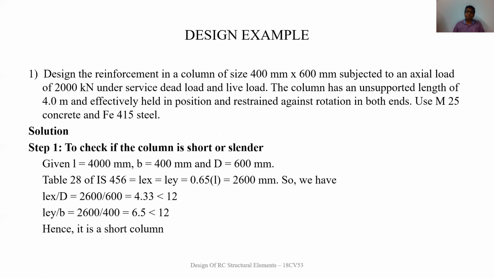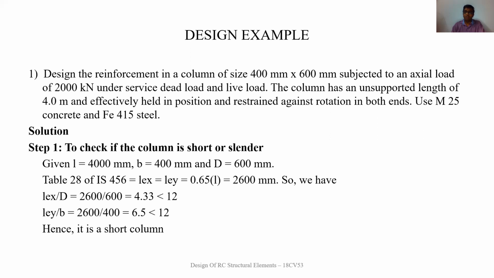Coming to the design example of an axially loaded short column. In this particular problem, the column size is given as 400 mm by 600 mm, which is subjected to an axial load of 2000 kilonewton under the service dead load and live load.